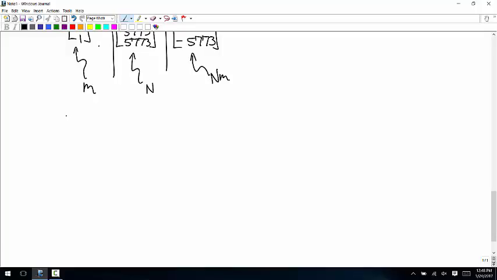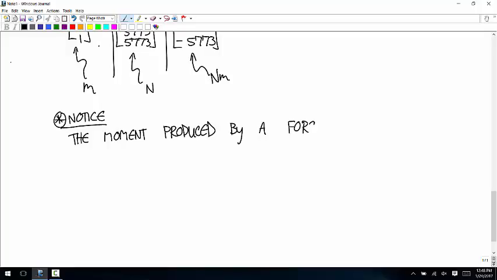Okay, what are moments good for? Oh, before I do that, sorry. Notice one thing here. The moment produced by a force isn't defined until you choose an about point.